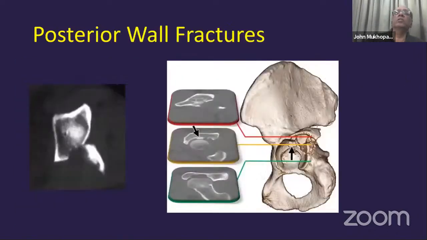Okay, so this is showing you a posterior wall fracture at this level. If a section goes through here, it will show you this posterior wall fracture. Here's an example of a section through that level. This is through the maximum diameter in the axial cut of the acetabulum.